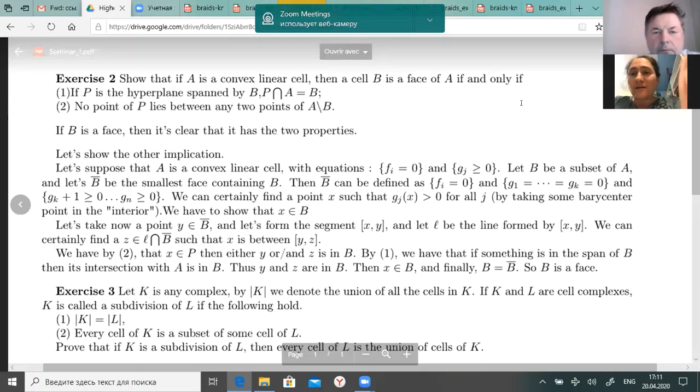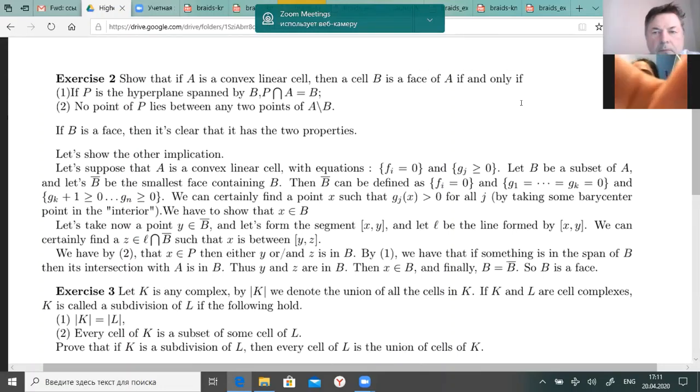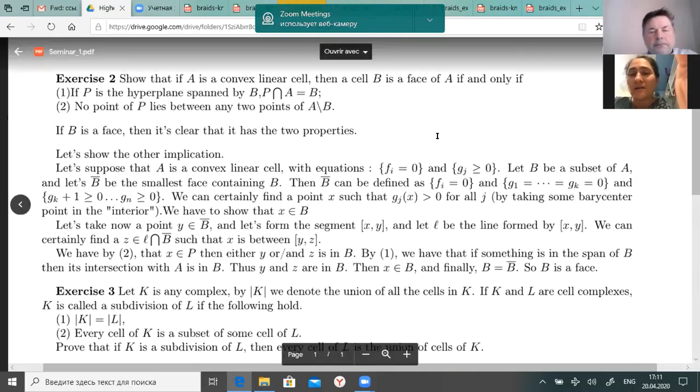So if we take A, which is a convex linear cell, by the course we can write it with equations: a family of Fi equal to 0, and a family of Gj bigger or equal than 0.